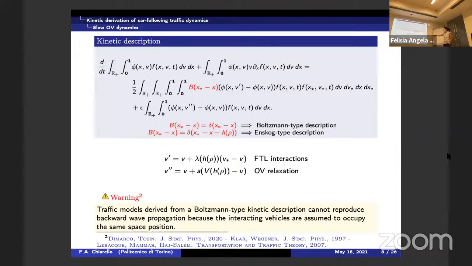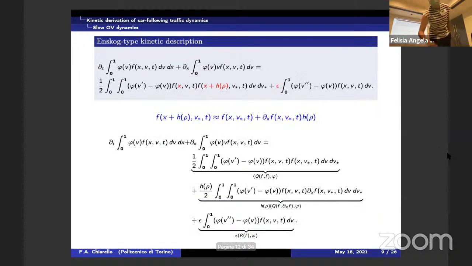So there are follow the leader interactions and optimal velocity relaxation interactions. Okay. Now choosing the collision kernel like before, we can rewrite the equation like this, and we obtain the Enskog type kinetic description that we desire.